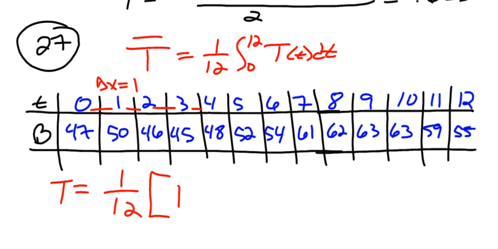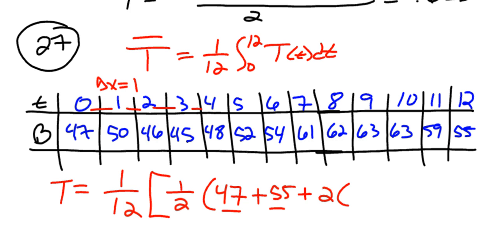So I'm going to be multiplying my delta x by 1/2, and this is the case where I'm going to leave that delta x over the 2 on the outside. If I want to do it this way, I'm going to leave the first and the last. So this is my first value and this is my last value on this chart. And then I'm going to say, okay, plus 2 times the rest of the data points inside my chart.